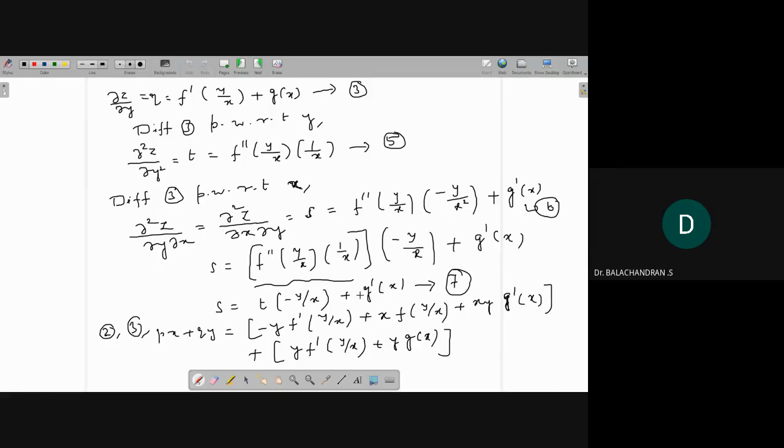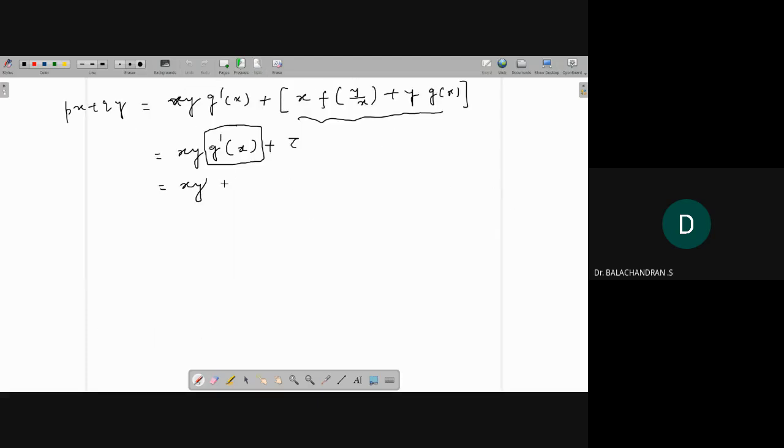This is g dash of x. So instead of g dash of x, I would write s plus ty divided by x plus z. So this is by 7. So here it is by equation 1. That is the given problem.